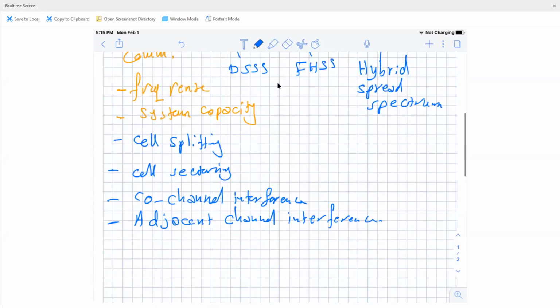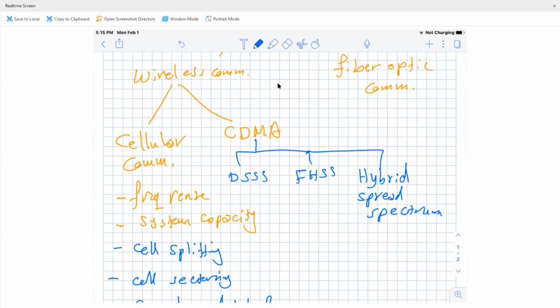Of course, again, after cellular communication and CDMA, we are going to make a short review about satellite communication. In satellite communication, I'm going to talk about the link budget calculation. What do you mean by link budget calculation?